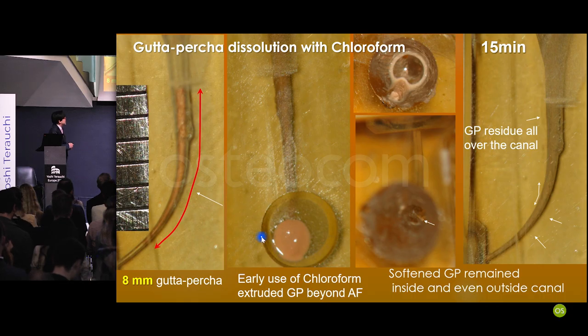You see gutta percha softened around the apex, around the orifice, and even inside the root canal. So much gutta percha remaining all over the root canal walls. So it's not a good idea to start using chloroform from the beginning. So you need to start with mechanical removal.